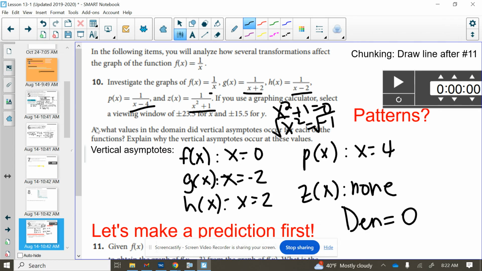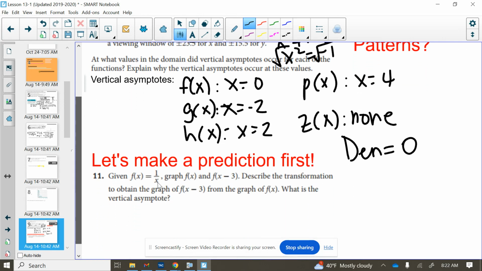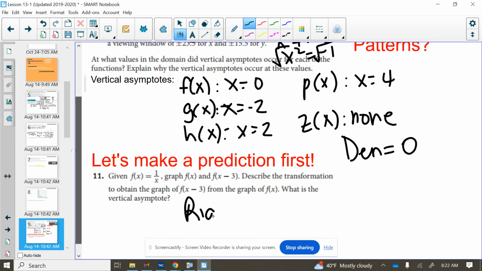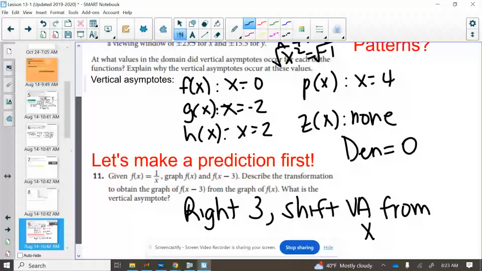Now, if we look then at number 11, we have our function, and then they're saying f of x minus 3. Now, if we predict, you might remember your horizontal shifting rules on this, but if we check out on here, here's our parent function, shifting it f of x minus 3 is actually shifting it to the right 3 units, which is going to shift our vertical asymptote from x equals 0 to x equals 3, since we moved everything to the right 3 units on that.